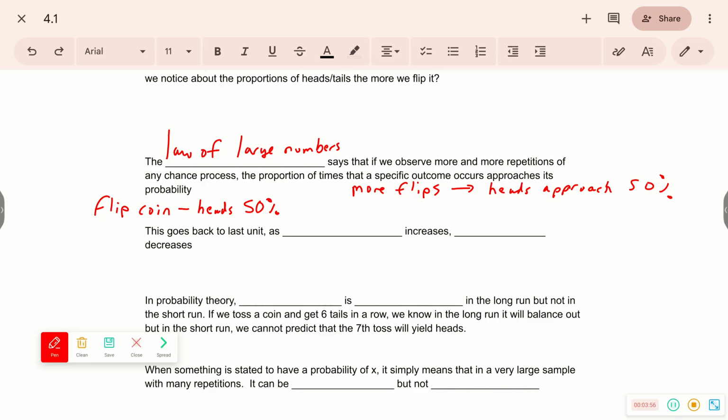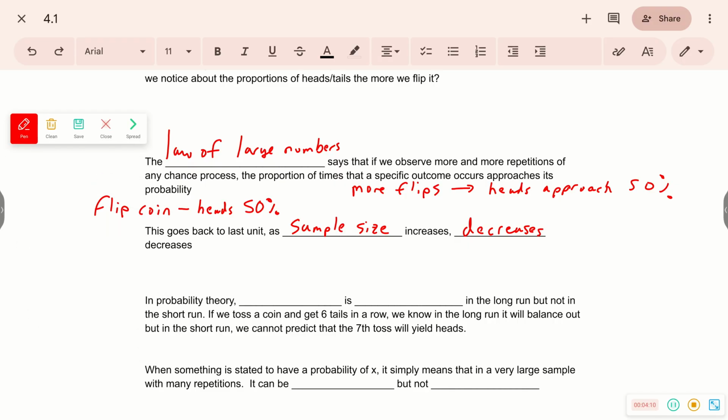A concept we touched on in the last unit: as sample size increases, the variability decreases. Let's say everyone flipped a coin one time. We would look at a dot plot with our percent of heads. We would have a bunch of people at 100 and a bunch of people at 0, because everybody flipped a coin and they either get heads or tails.